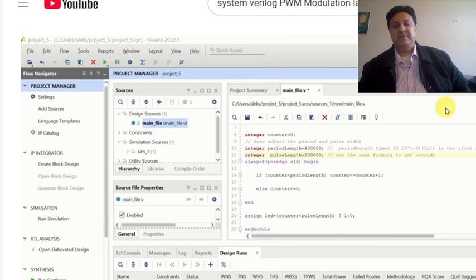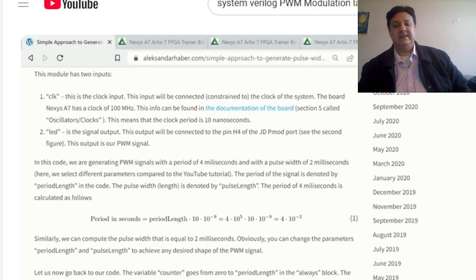By using this simple if statement, we can produce a pulse width modulation signal in this code. So we are producing a pulse width modulation signal with a period of 4 milliseconds and with a pulse width of 2 milliseconds. Now we can stop here and ask the following question: how did we calculate these values? That is, how can we transfer period length, pulse length and our counter into seconds? Well, it's quite straightforward.